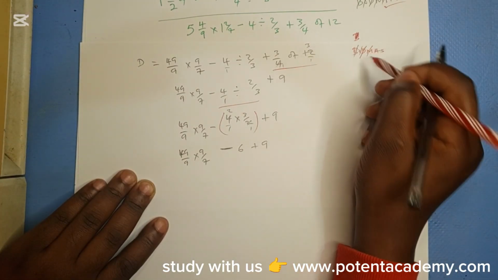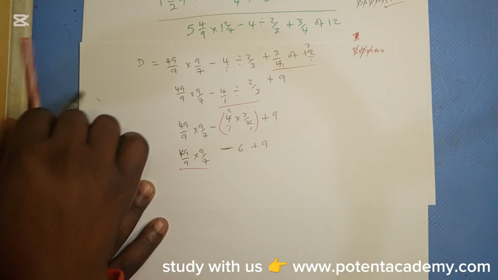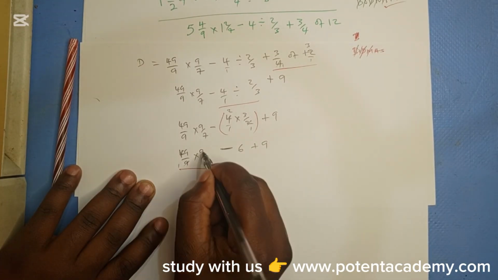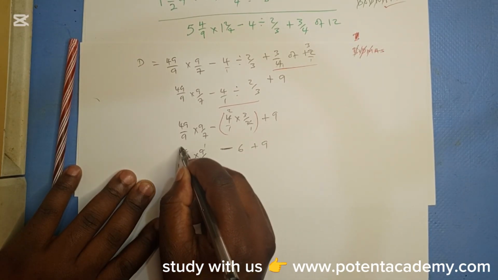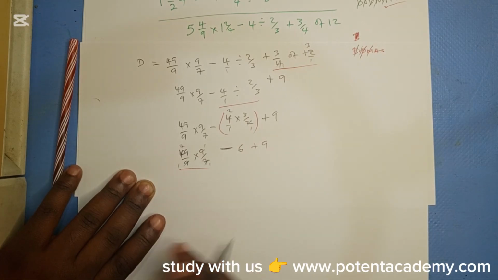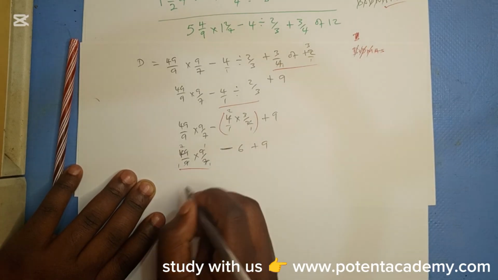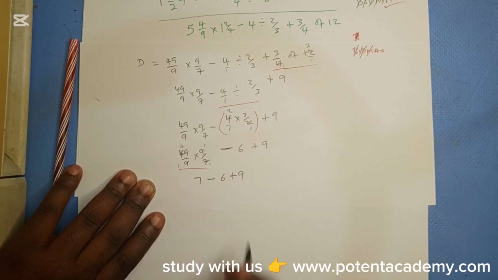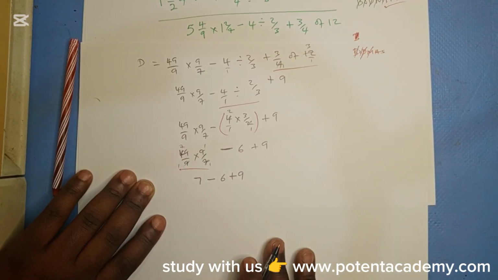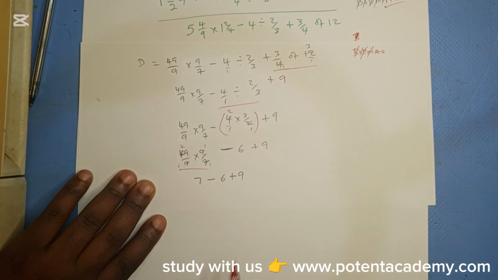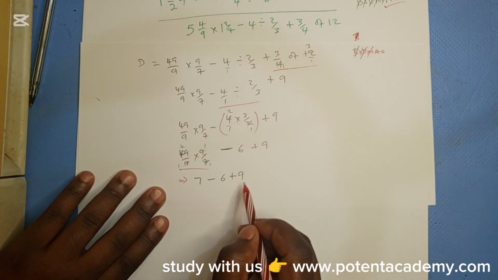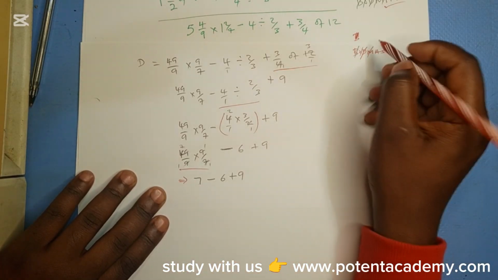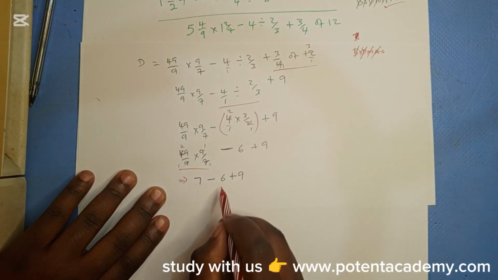Then here you have multiplication. Underline the multiplication. 9 into 9 is 1, 9 into 9 is 1, 7 into 7 is 1, 7 into 49 is 7. So it is 7 minus 6 plus 9. This is the scenario that I was painting earlier. Even if you key into your calculator 7 minus 6 plus 9, somebody will come here and underline this.